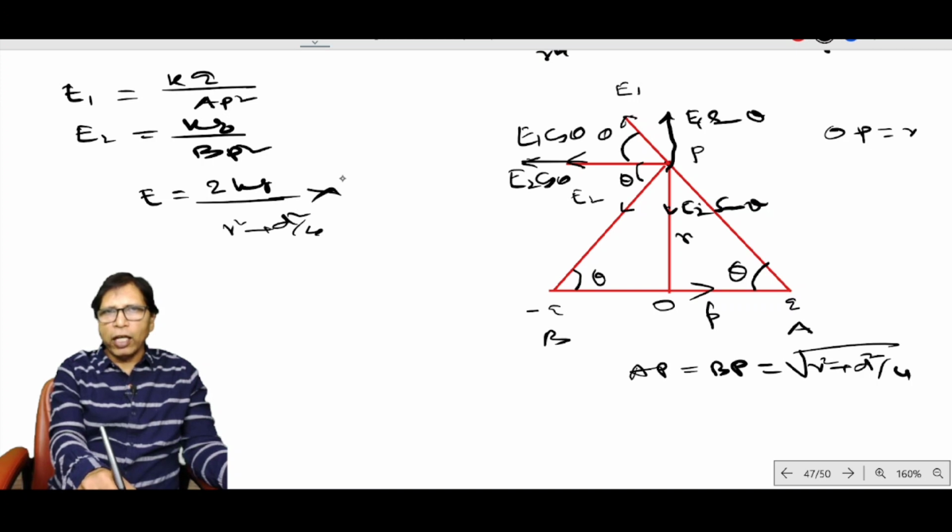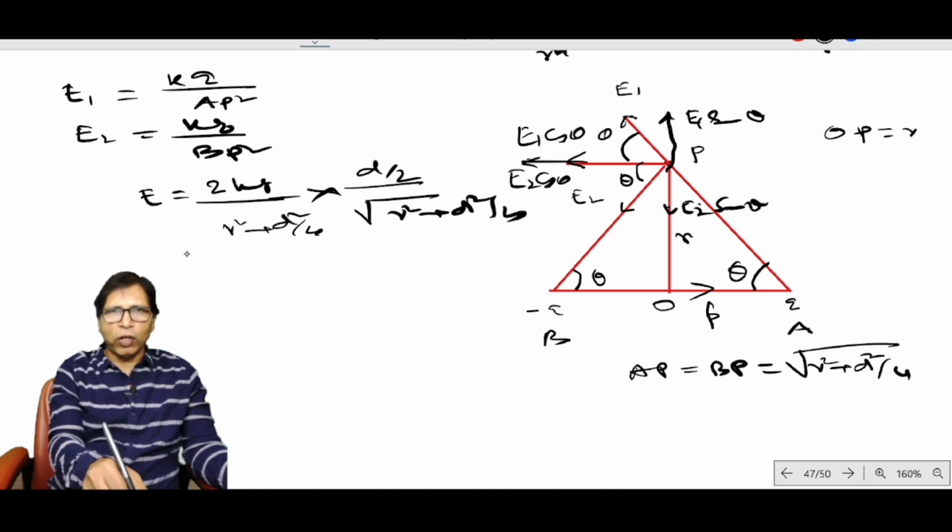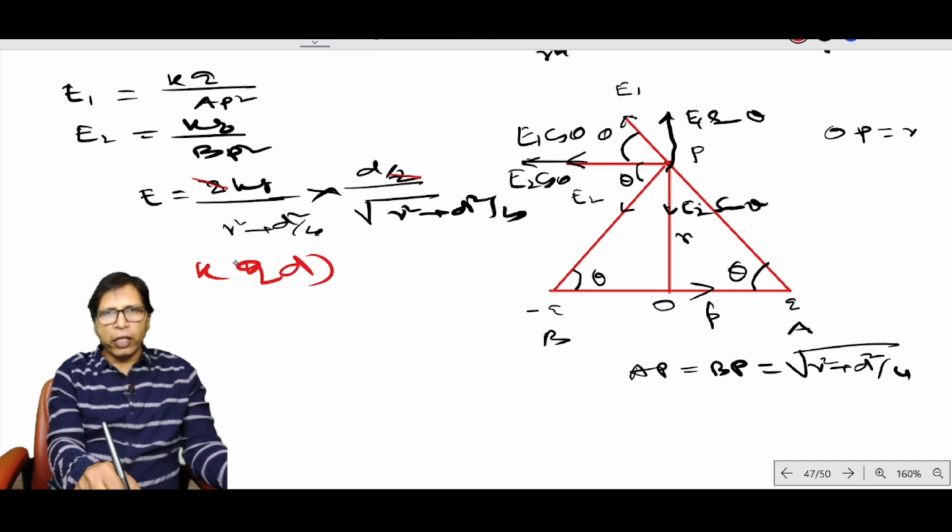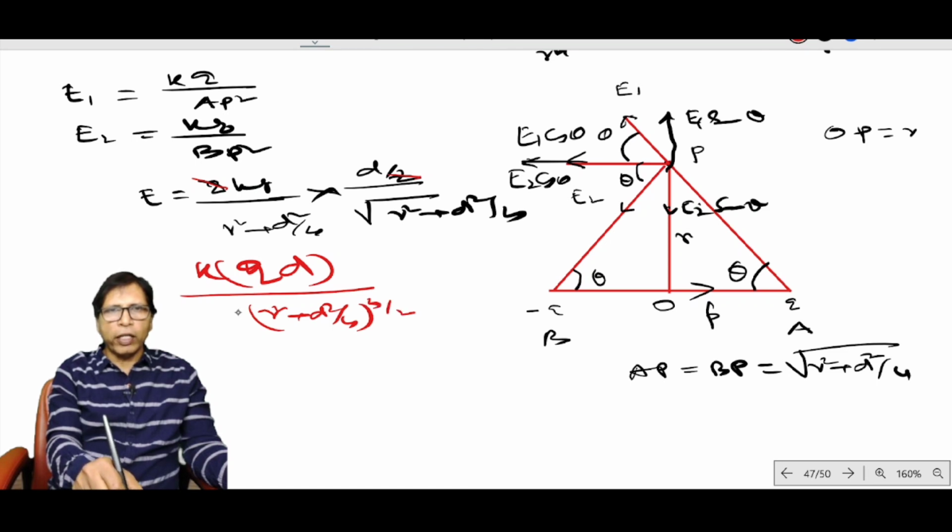And cos theta equals D by 2 divided by root under of R square plus D square by 4. Now these cancel out. So E equals K into Q into D whole divided by R square plus D square by 4 to the power 3 by 2. This is the electric field E.